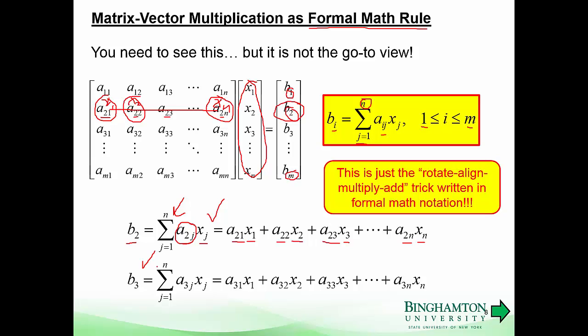We haven't talked about transpose yet, but then you do something else to that product. What's the result? And we need to prove that. Well, our proof would use this formal math rule definition, but we're not going to focus too much on this.